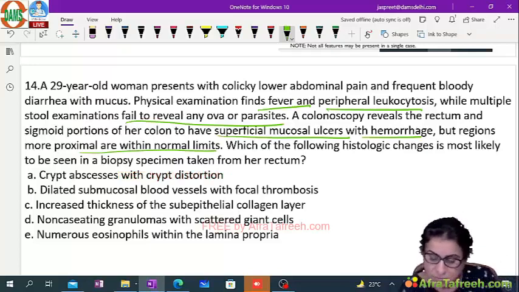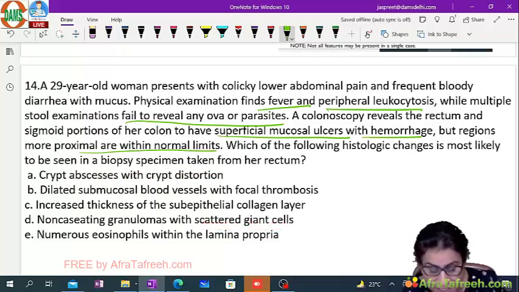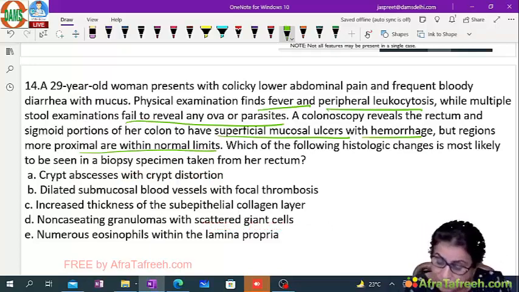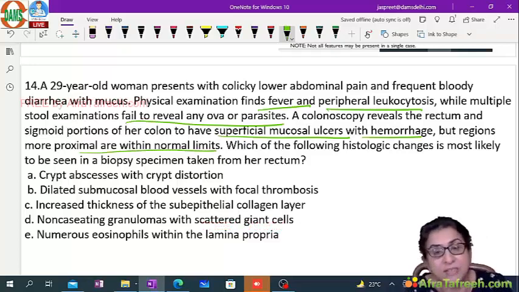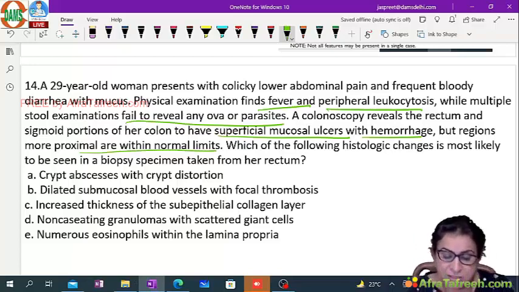So the patient has colicky lower abdominal pain, bloody diarrhea with mucus, fever and leukocytosis, and the rectum and sigmoid colon are involved, showing superficial ulcers. They are not deep serpentine ulcers, they are superficial ulcers. So what is the answer?